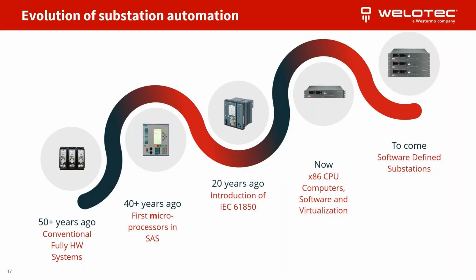However, with the power of modern servers that we're using, some of the examples that I showed here from WELOTEC, we'll be able to run multiple functions on the software-defined or virtualized platform, providing more flexibility and faster scalability compared to substations that require dedicated hardware for each function.